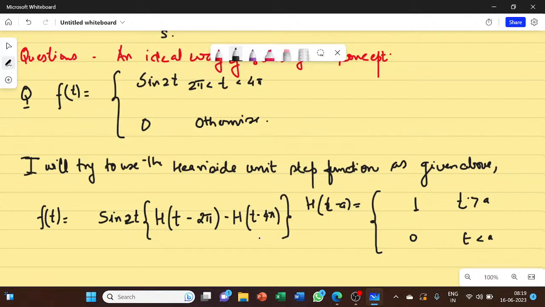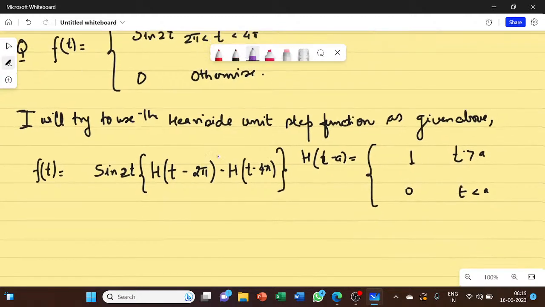Now you can clearly see, I'm just writing it all over again. If t lies between 2π and 4π, so t is greater than 2π, this term will be 1 and this term would be 0. So the answer would be simply sin 2t into 1 minus 0, which is sin 2t.